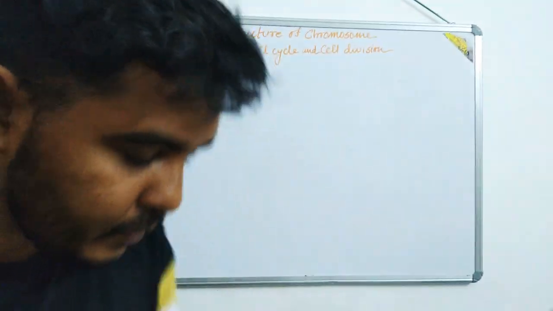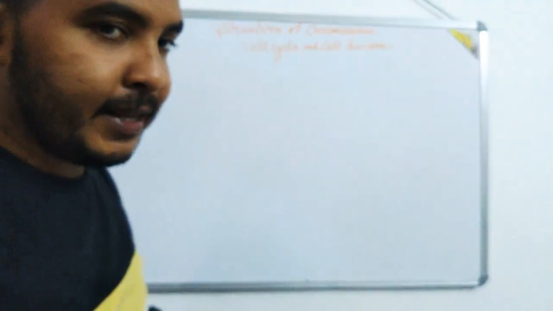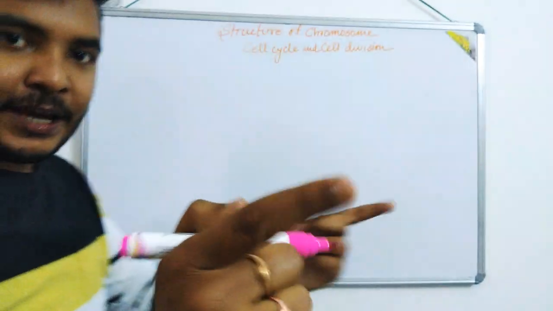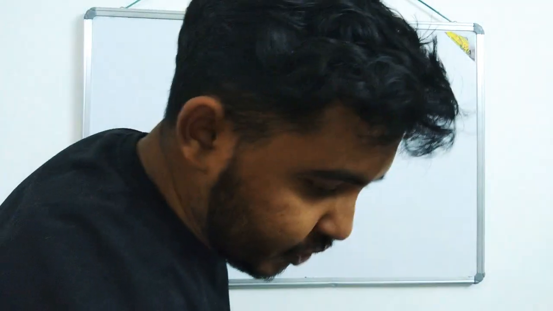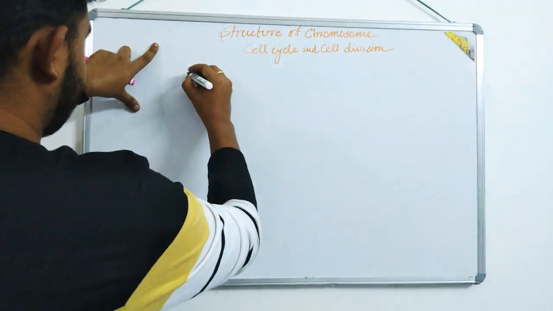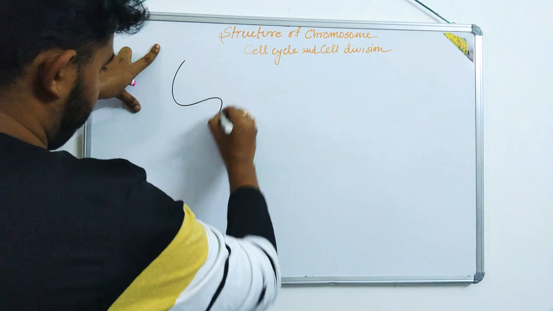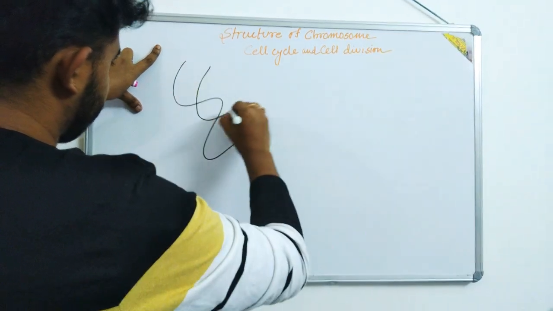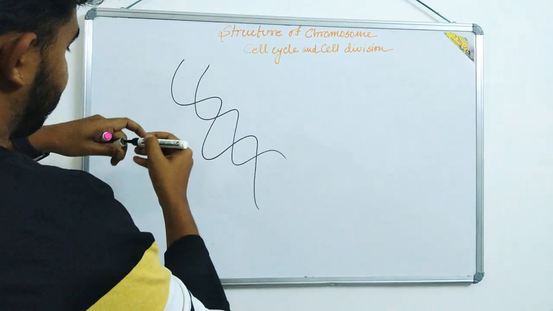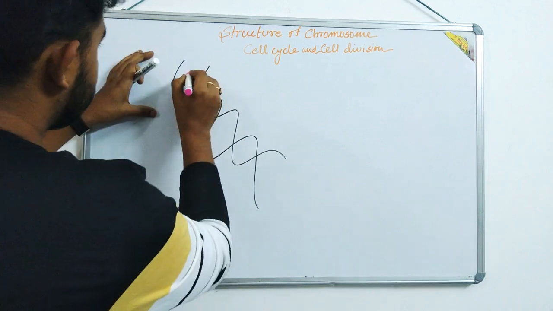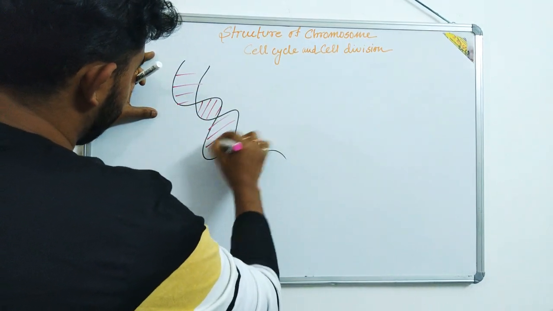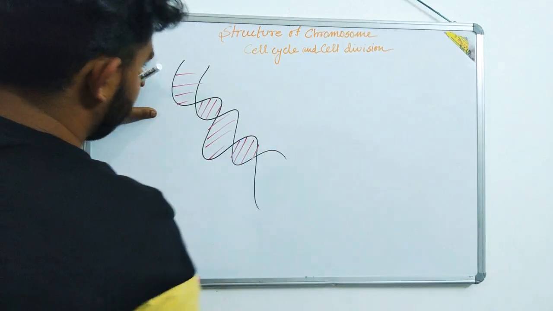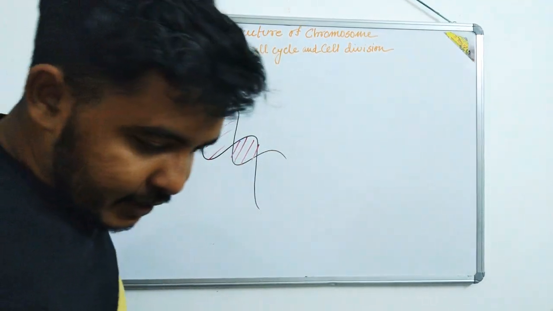Okay, so what is the cell cycle? Oh, sorry, one thing I have missed. Extremely sorry. That is the gene, isn't it? So let me draw it again. As you have seen, there are so many staircases around. So what is a gene?